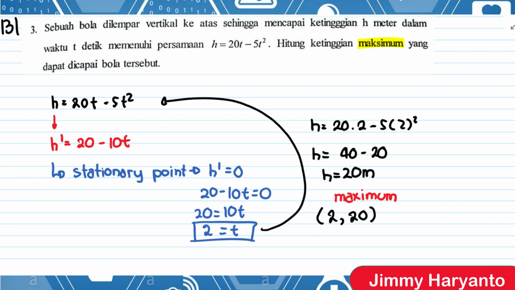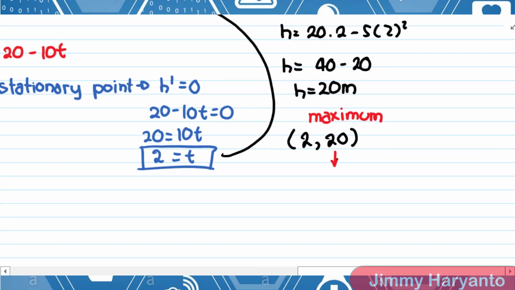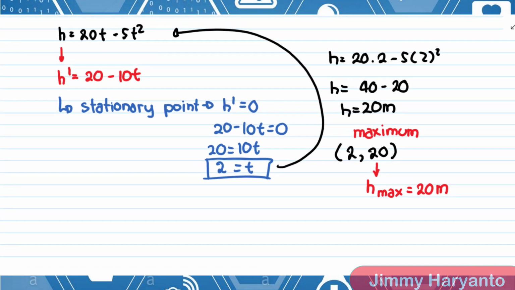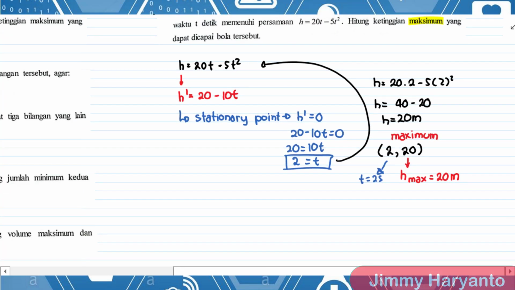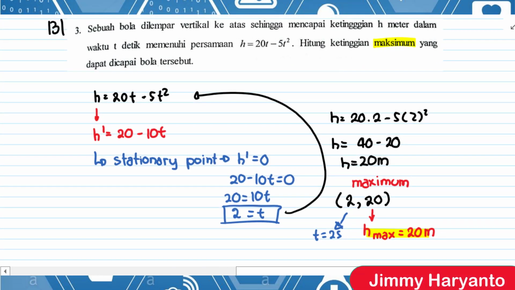Okay, so this one is the maximum point, and the height is 20. So we can say that the maximum height is 20 meters. It happens when time equals to 2 seconds. Okay, so the answer for this one is 20 meters.